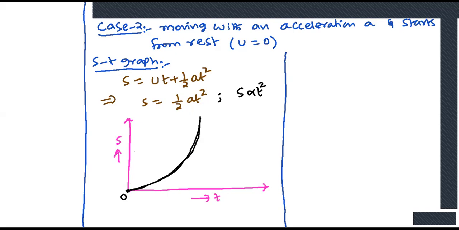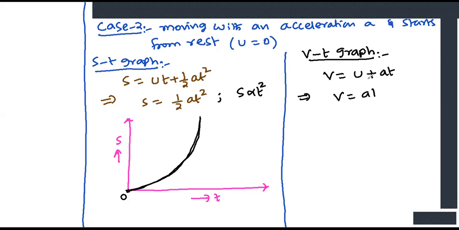Now, the VT graph. Here also the initial velocity is 0. Since V equals U plus AT, we'll have V equals AT.